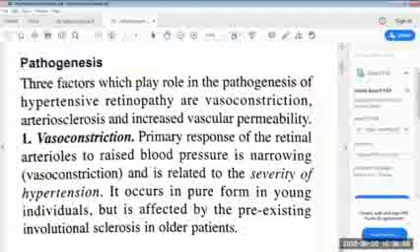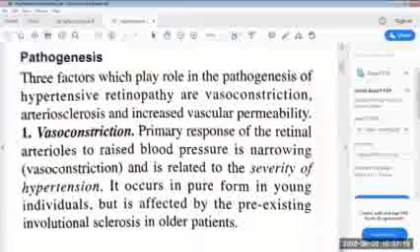The primary response of the retinal arterioles to raised blood pressure is narrowing, meaning vasoconstriction, and is related to the severity of hypertension. It occurs in pure form in young individuals but is affected by the pre-existing involutional sclerosis in old patients.